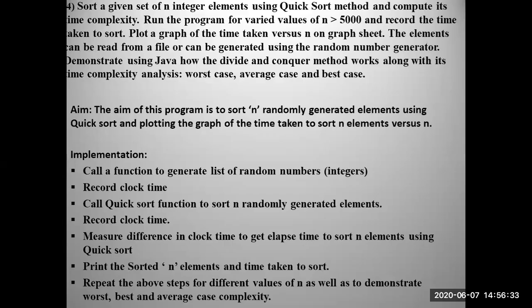And now coming to your question, what is the question? Sort a given set of n integer elements using the quick sort method and compute its time complexity. You need to check how much time it takes for sorting. Run the program for varied values of n greater than 5000, and record the time taken to sort.